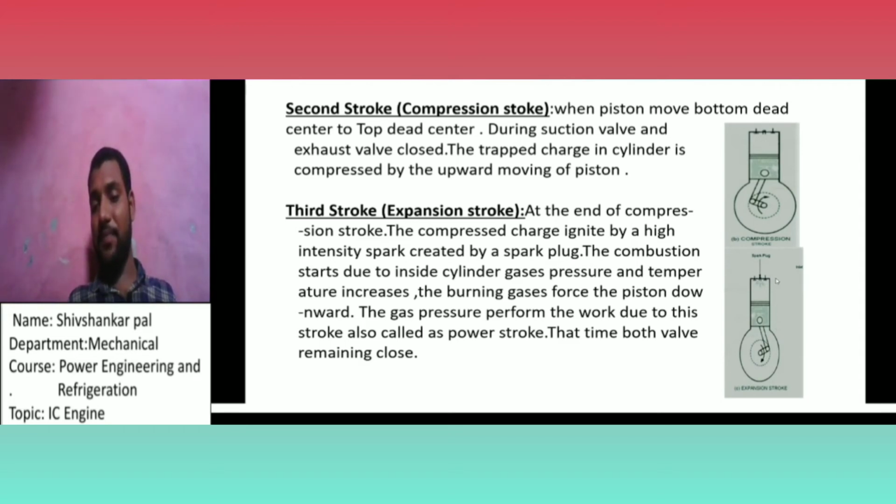When it reaches bottom dead center, our power stroke is completed. Both valves remain closed. That is our third stroke, the power stroke. This power is stored in the flywheel, and it is given out according to use.